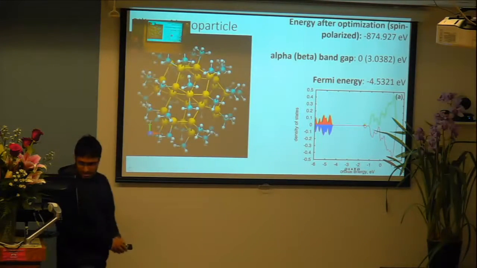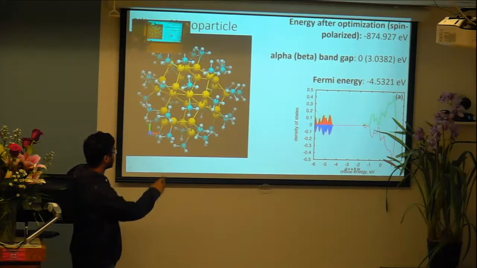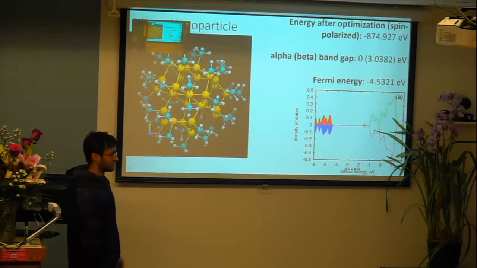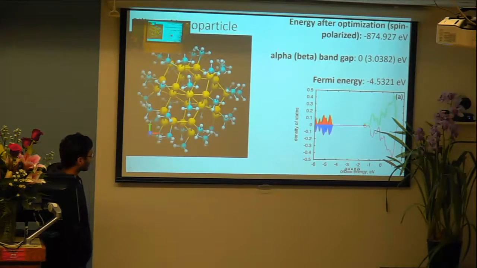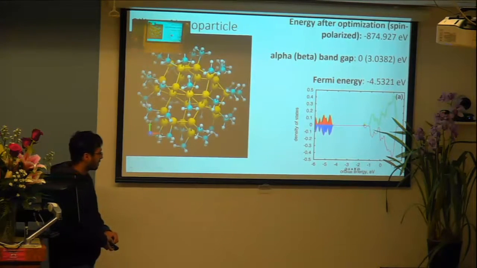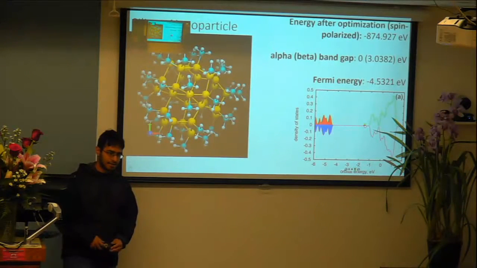On this slide, there's a quick movie. It's going to be very difficult to see, but this is the optimization of the silicon nanoparticle by itself. This was run using, I think, 1,000 ionic steps in VASP.